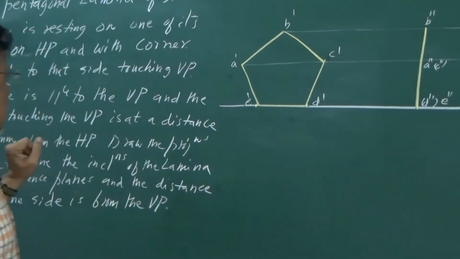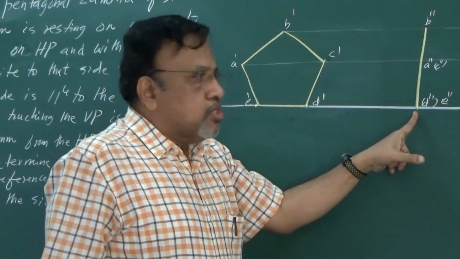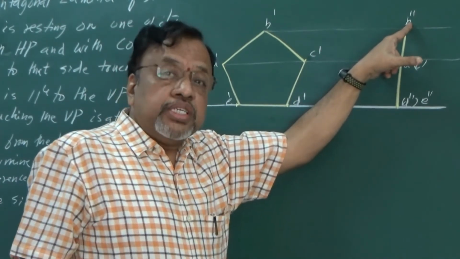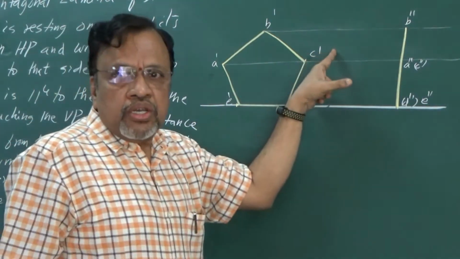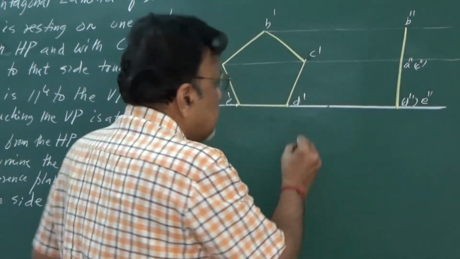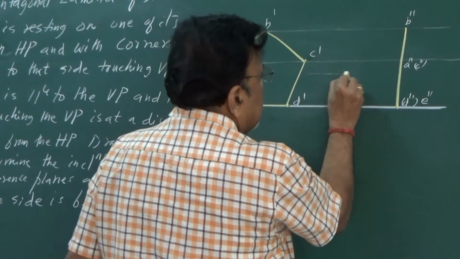Now what I wanted is that this particular lamina, this is a side, and the opposite to this is a corner. This corner should be at a distance of 20 mm above HP. So again I can just draw the locus of 20 mm. Let me do that. Let us take some 20 distance. Then I am going to draw this line.